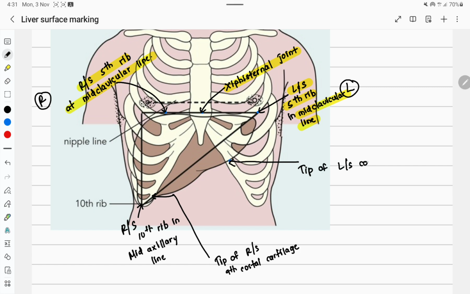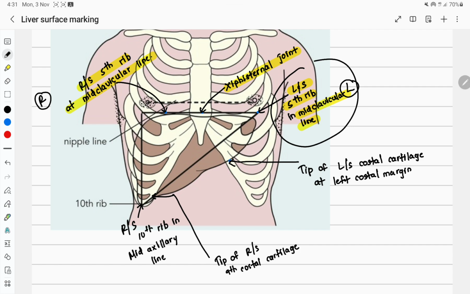So the fourth point is here, the tip of the left side costal cartilage at the costal margin. And then finally you have the left side fifth rib in the mid-clavicular line.